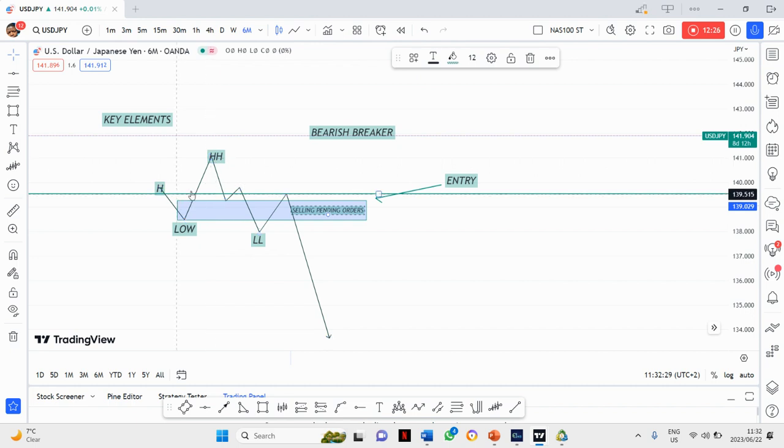A swing low was disrespected and the market violated it and created a higher high. After creating a higher high, the market went down and created a lower low. It was not supposed to create a lower low if it was a bullish breaker. So guys, you'll just have to know the differences and understand how these things work.